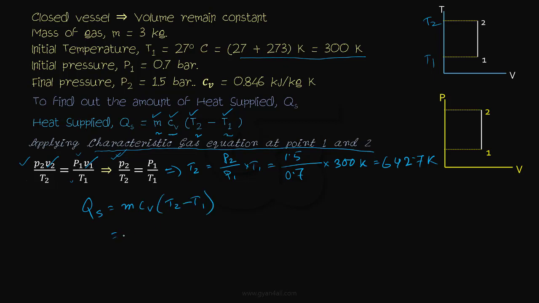So simply put the values: m is equal to 3 kg, Cv is equal to 0.846 multiplied by temperature difference, which is equal to 642.7 minus 300, and we will get it in kilojoule, and this is equal to approximately 870.3 kilojoule.